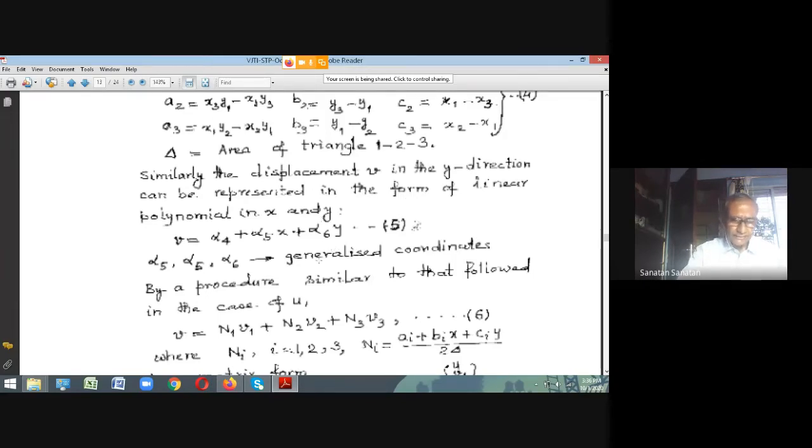By proceeding as above, we can determine these generalized coordinates alpha 4, alpha 5, alpha 6 in terms of the three corner node displacements.